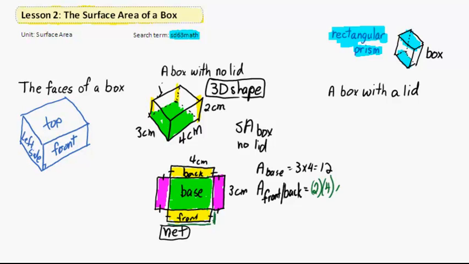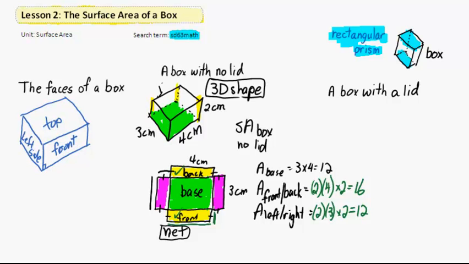But remember, there are 2 of them, this one and that one, times 2. So that's 16. Also, it is the area of the left side and the right, which is 2 by 3. And there are a couple of those shapes, so it is 12.